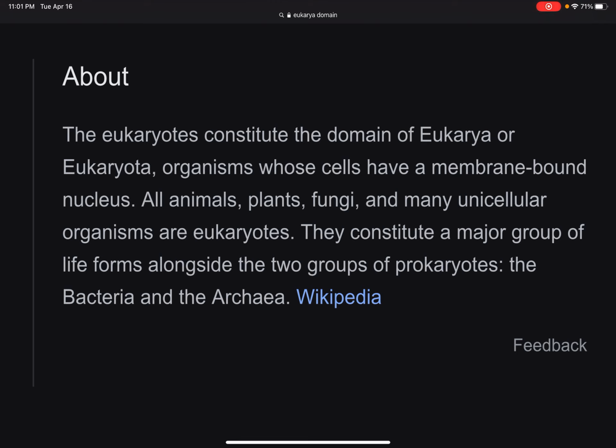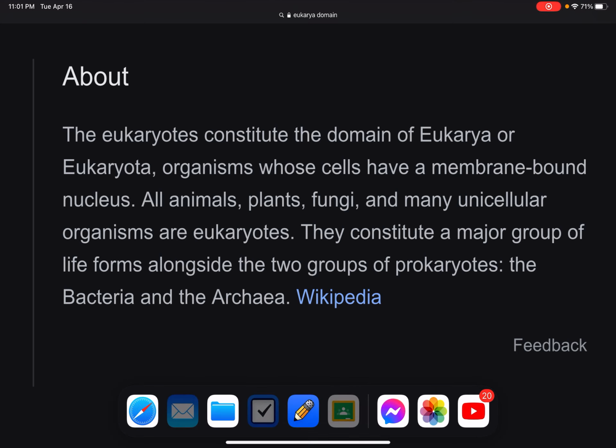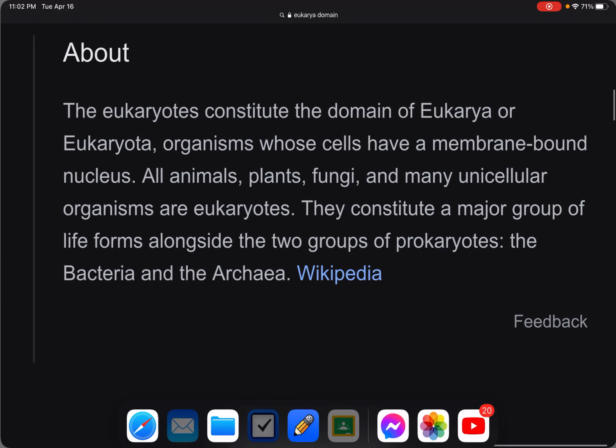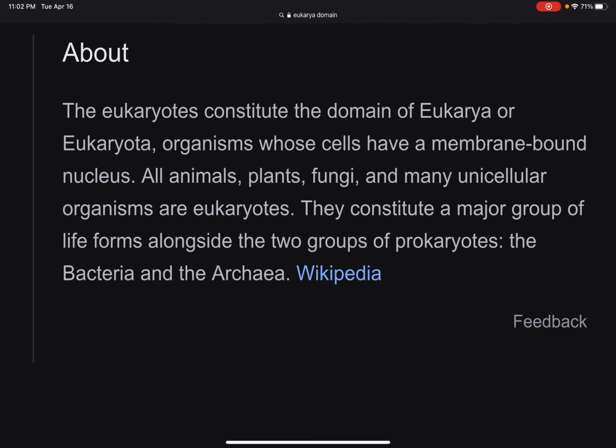That means they have organelles such as the Golgi apparatus, the endoplasmic reticulum, both smooth and rough, aside from the cytoplasm, which is also present in unicellular organisms. So they constitute a major group of life forms alongside the 2 groups of prokaryotes, bacteria and archaea.